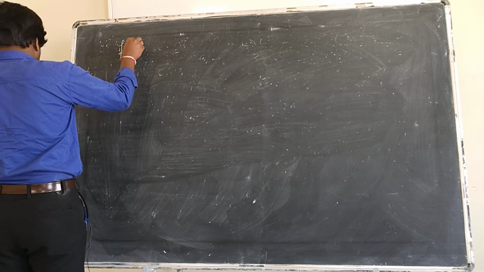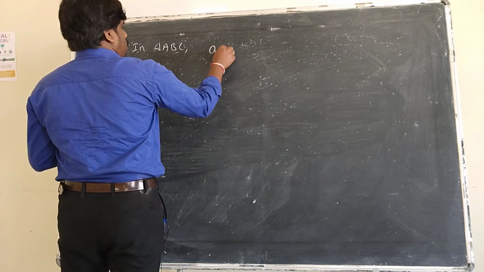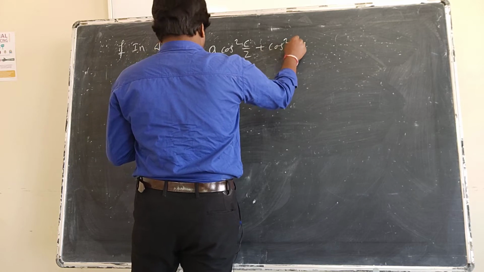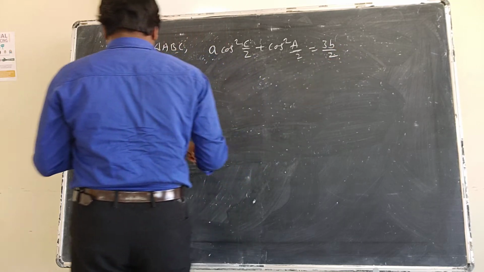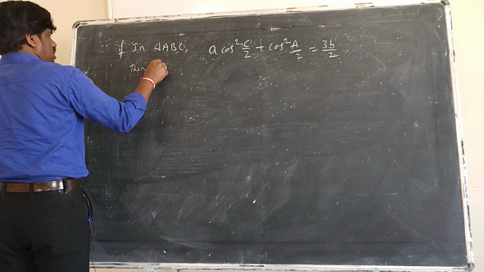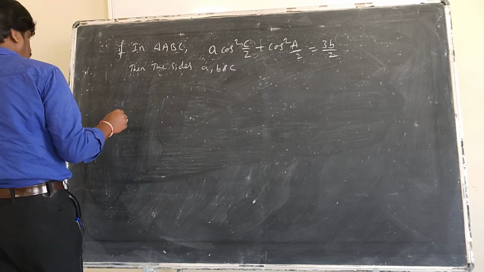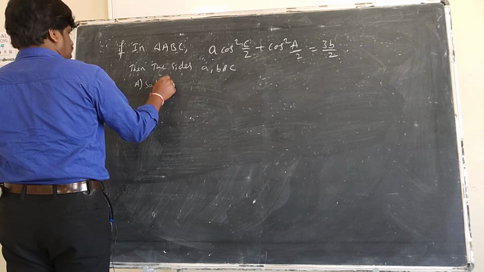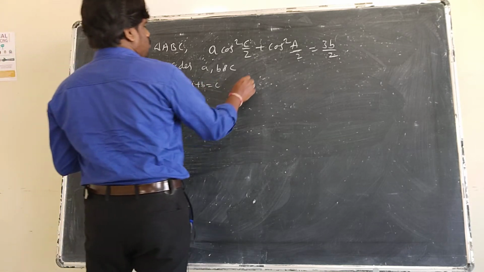Okay. If in triangle ABC, A cos square C by 2 plus C cos square A by 2 is equal to 3B by 2, then the sides A, B and C, first option A, satisfy A plus B is equal to C. Before I used to write "prove that".